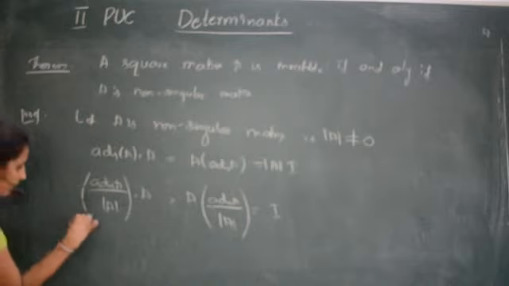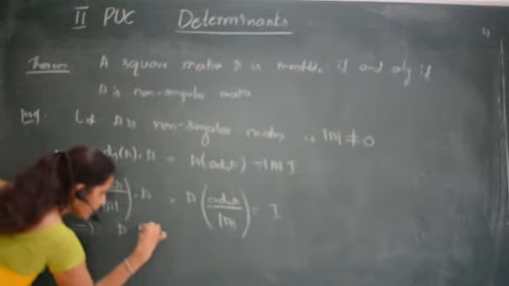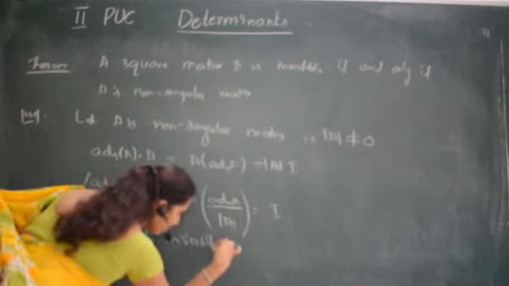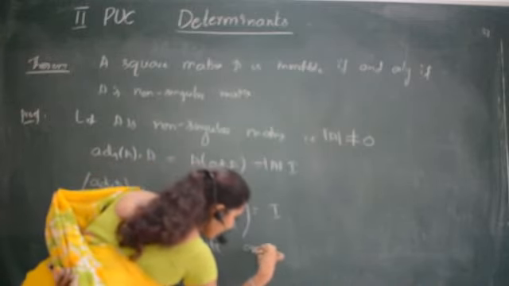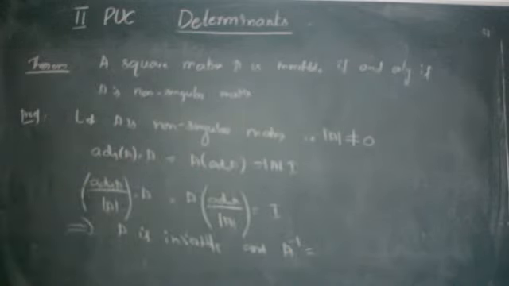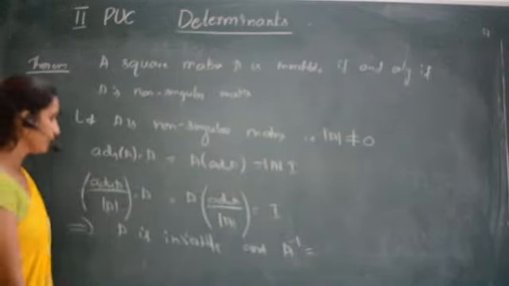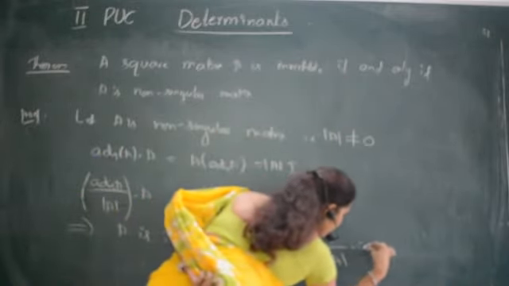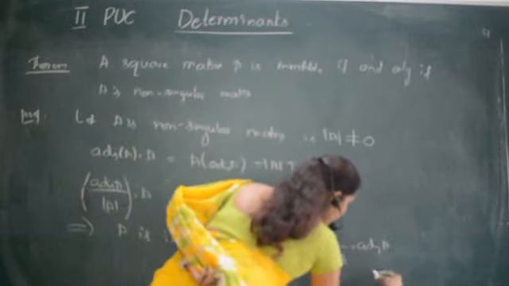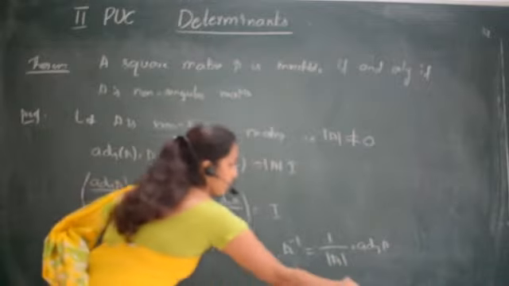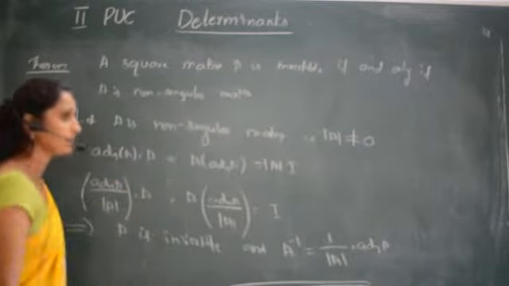So this implies A is invertible, and A inverse is equal to 1 by determinant of A into adjoint of A. So this proves A is invertible.